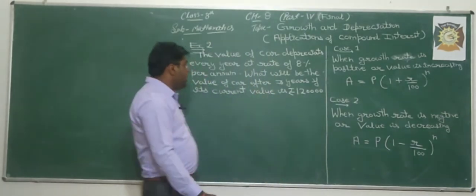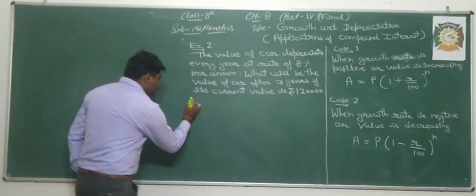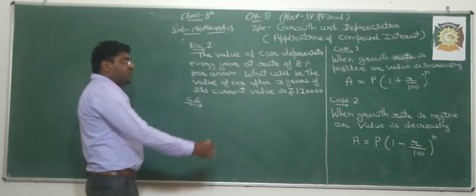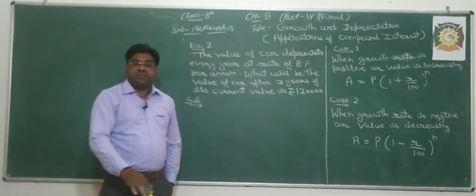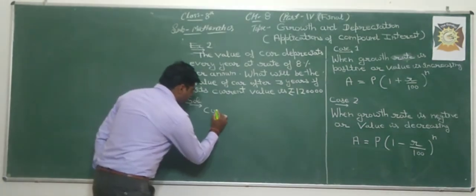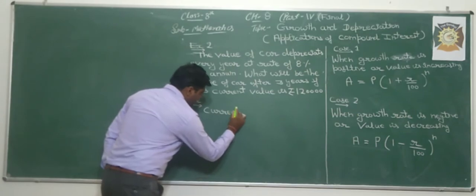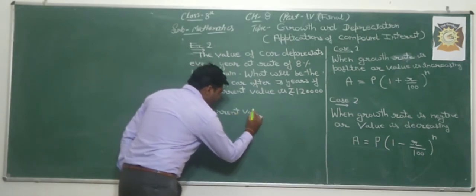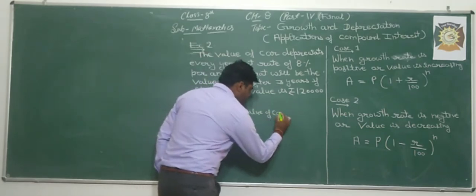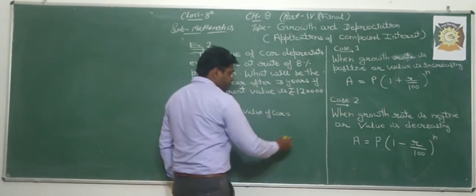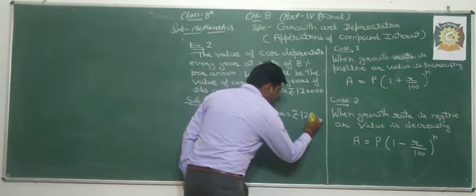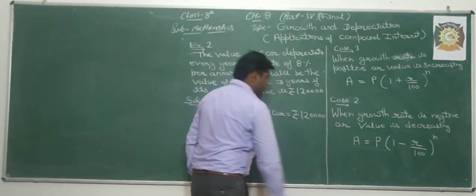So first of all, write the given things. First given thing is the present or current value of the car, which is equal to 1,20,000.